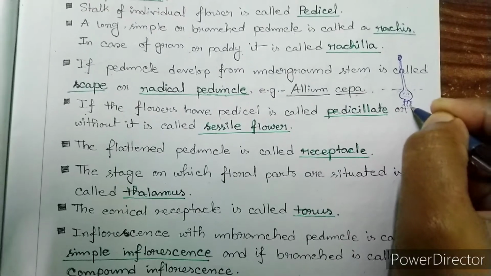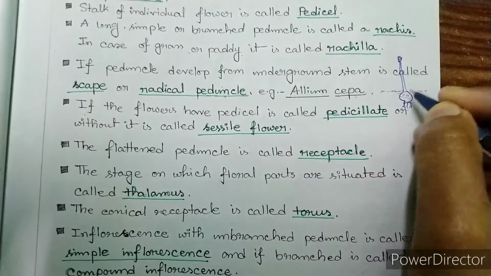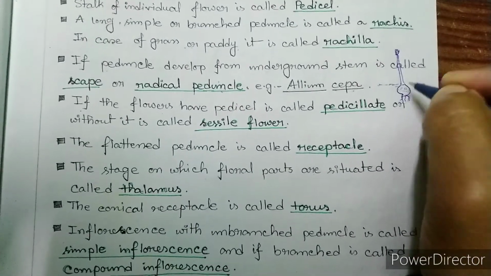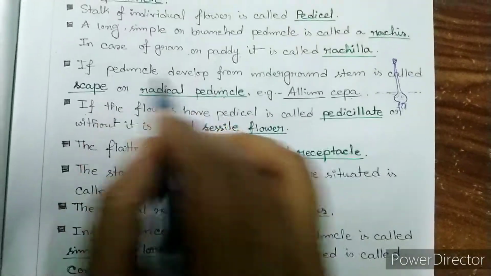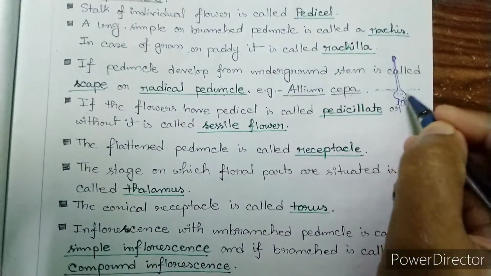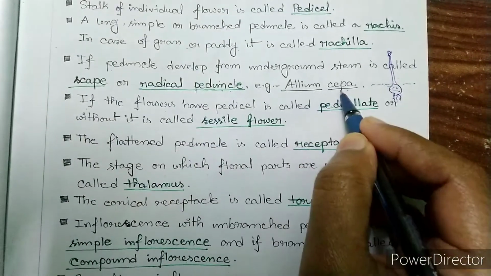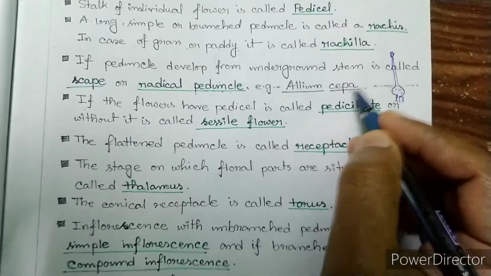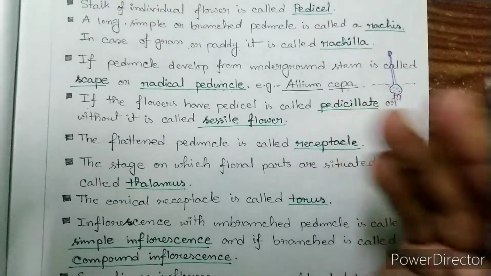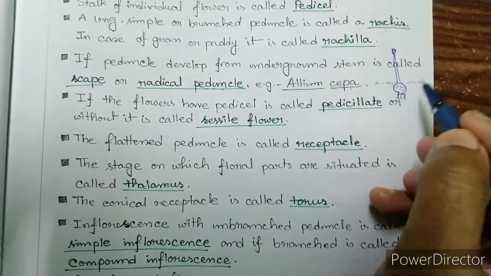So when the peduncle develops from the underground stem, it is called radical peduncle or scape, and the example is Allium cepa. Otherwise you can also take Allium sativum. Okay, any example you can take where the peduncle develops from the underground stem.